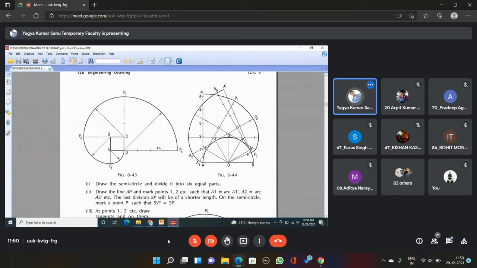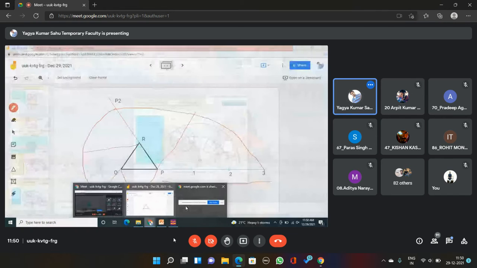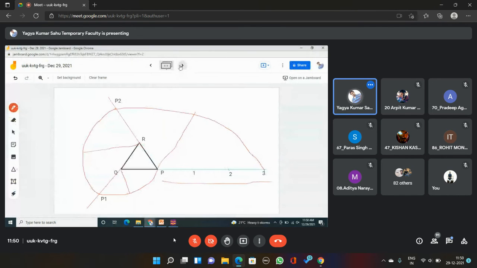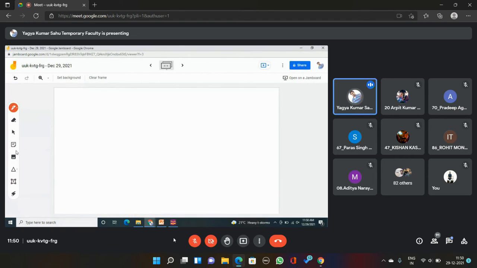Easy. Now, how to draw the involute of a circle? Suppose this is the circle.